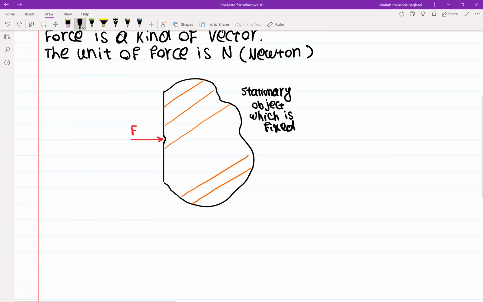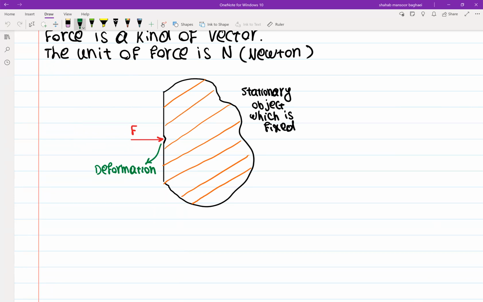Sorry. This deformation maybe is almost large. Maybe this deformation is so small. It depends on the elasticity of your object. But you do have deformation because of the force.